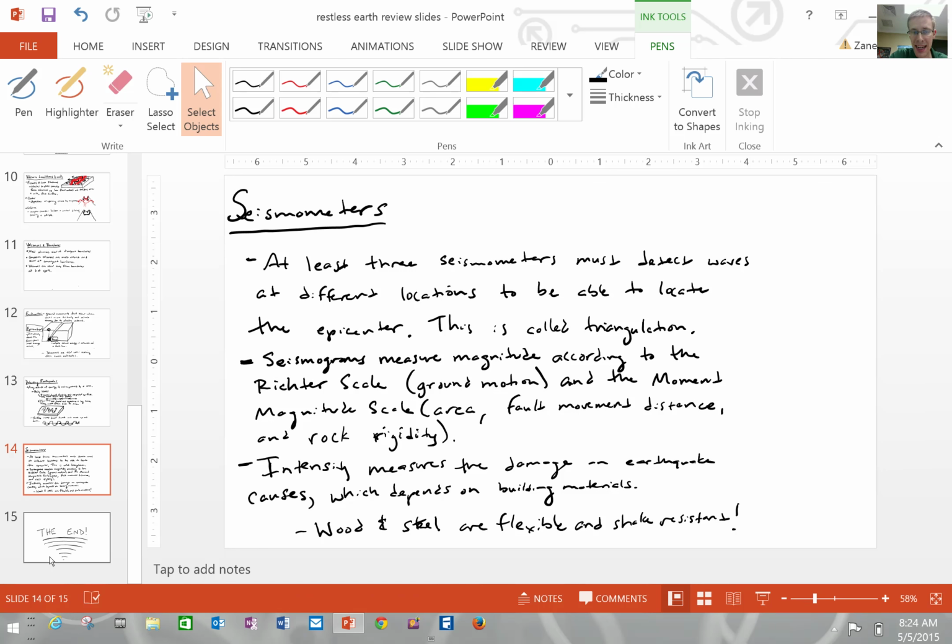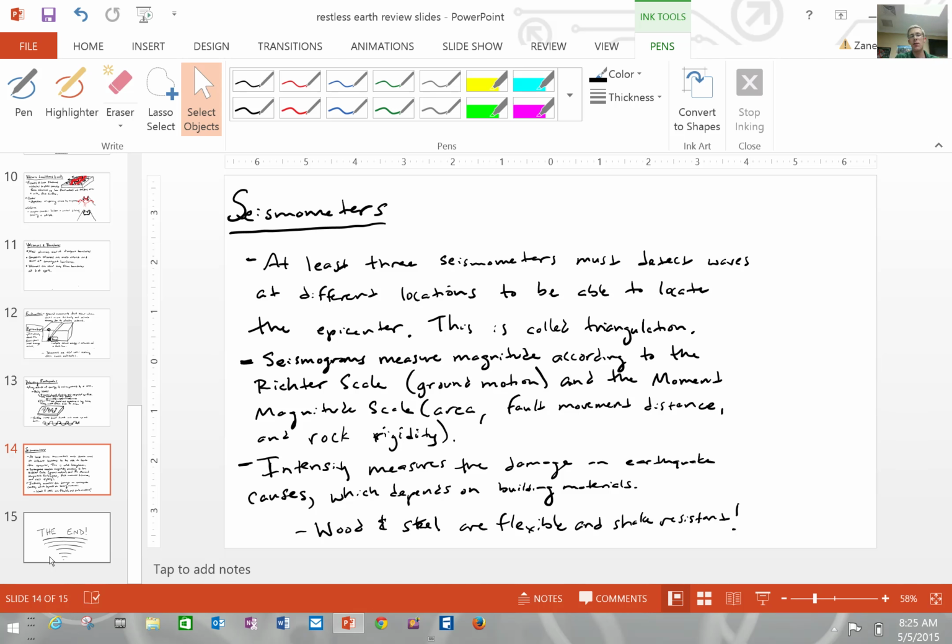Now, a seismogram is basically the picture that's made by a seismometer. And seismograms measure the magnitude of a quake according to a couple different scales. We talked about the Richter scale in class. It's kind of the bread and butter of plate tectonic earthquake stuff. So the Richter scale just measures the ground motion.